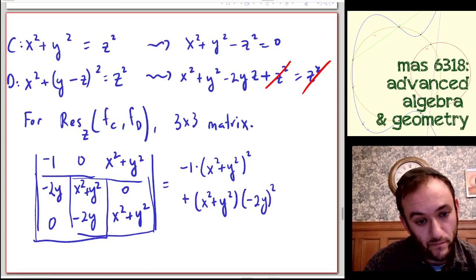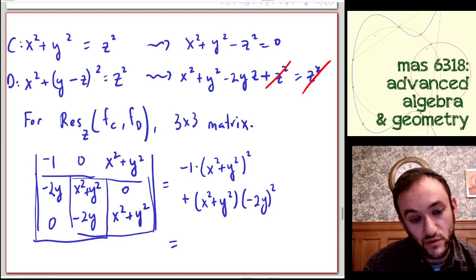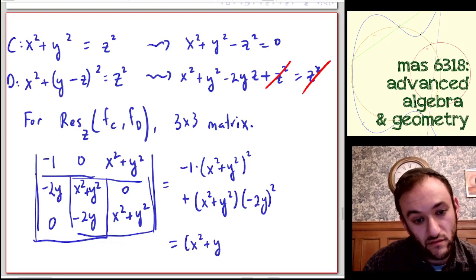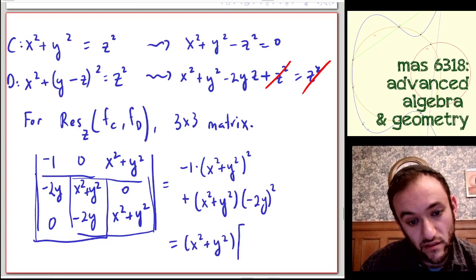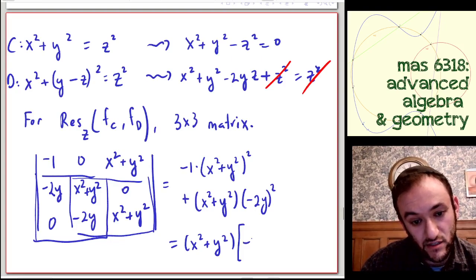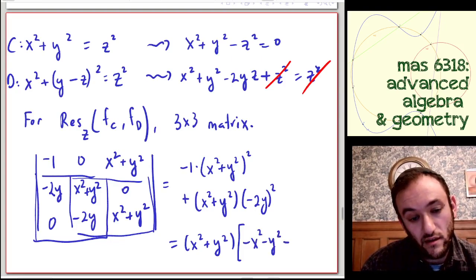Okay. So that's going to be equal to, well, we can factor out an x squared plus y squared. That makes things easier. And then we're left with minus x squared minus y squared, and then we have plus 4y squared.